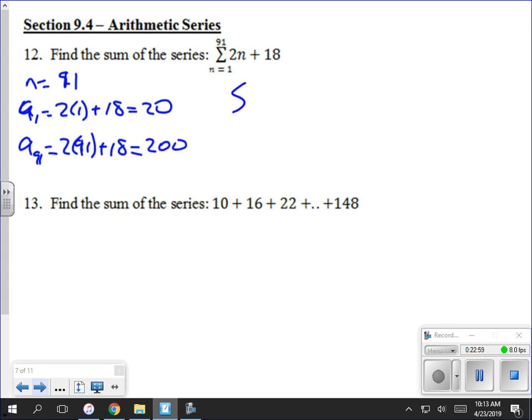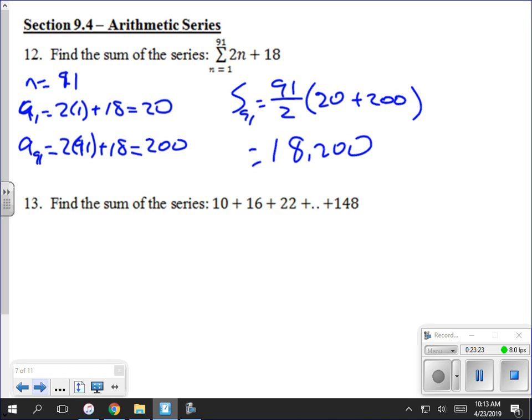So the sum of the first 91 terms is 91 divided by 2 times 20 plus 200. And you get 18,200.